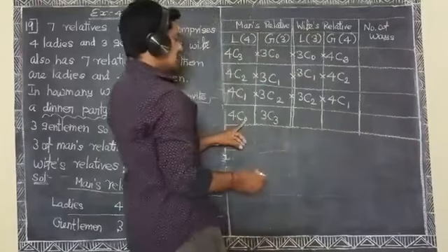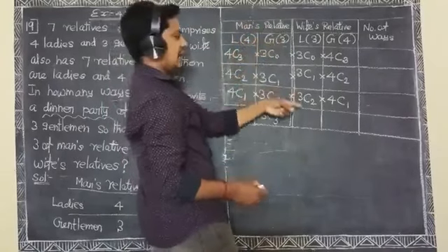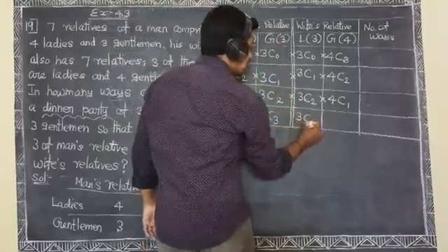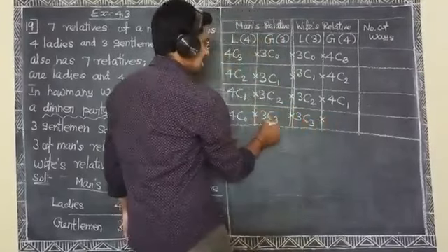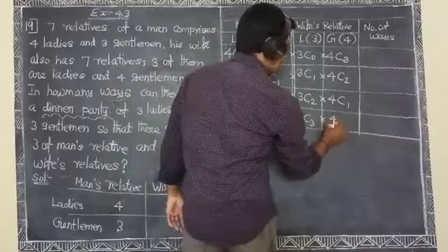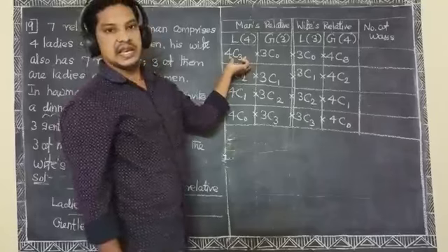Here no ladies are selected in man's relative, chosen 3 out of 3.